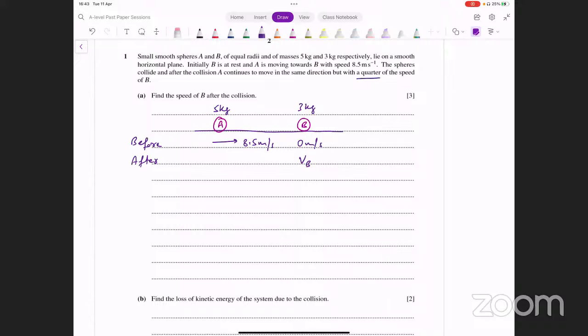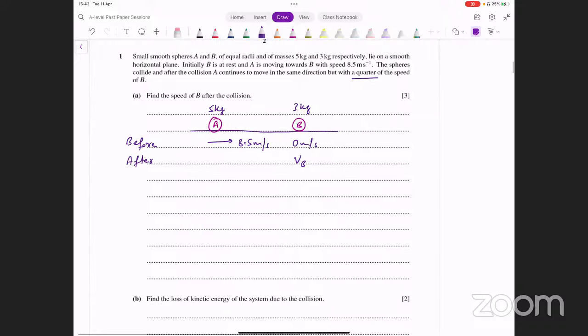The speed of A is a quarter of the speed of B. So you can think of it like this: VA is 1/4 of the speed of B. So if the speed of B is VB to the right side, then A's will be 1/4 times VB to the right side. And now all we have to do is apply conservation of momentum. And that basically says momentum before collision is going to be equal to momentum after collision.